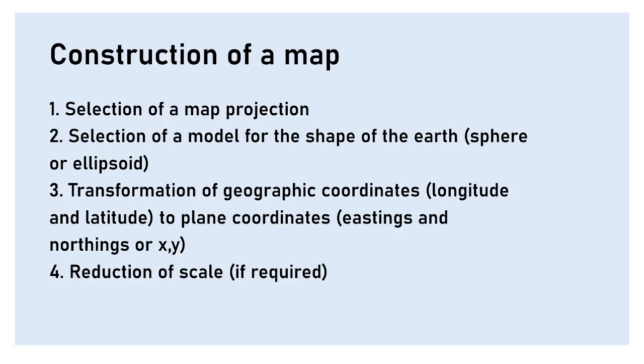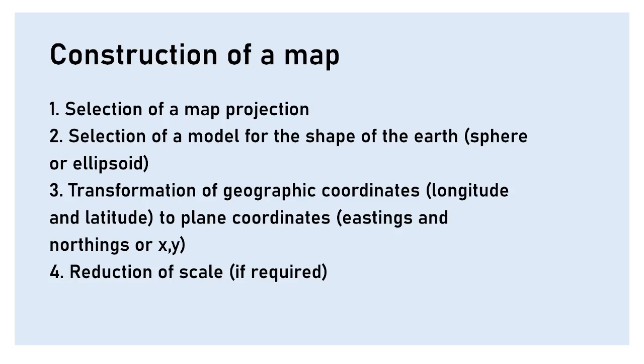So how is a map constructed? Each country will have its own, right? India has a map, then we have some other country, let's say France, they have a map of their own. So different countries have different maps, right?